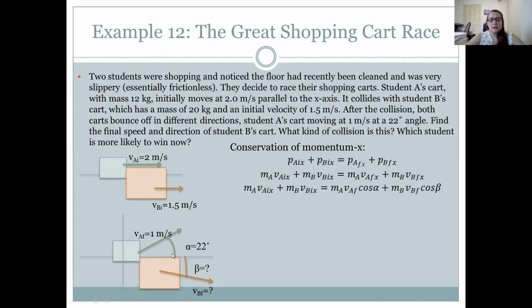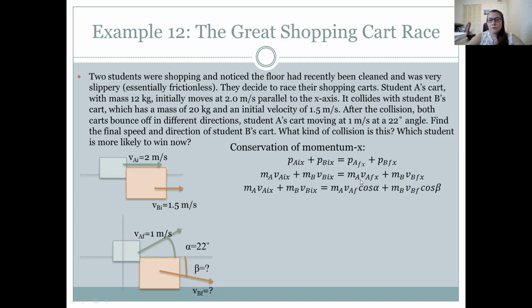Since this is our angle, our x component is adjacent to our angle. So we're going to use the cosine of our angle for shopping cart A, and also for shopping cart B, right? Here's our angle. This x direction is adjacent to our angle, so we'll use the cosine of beta as well for shopping cart B.